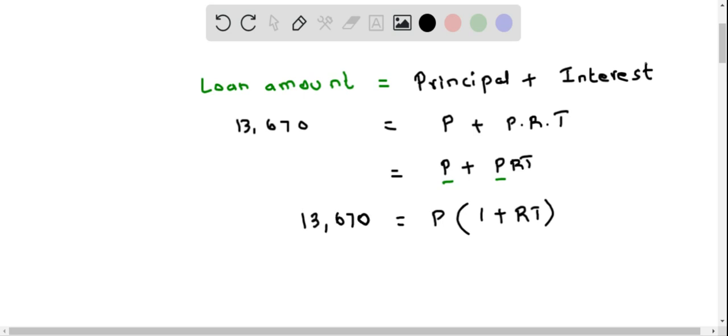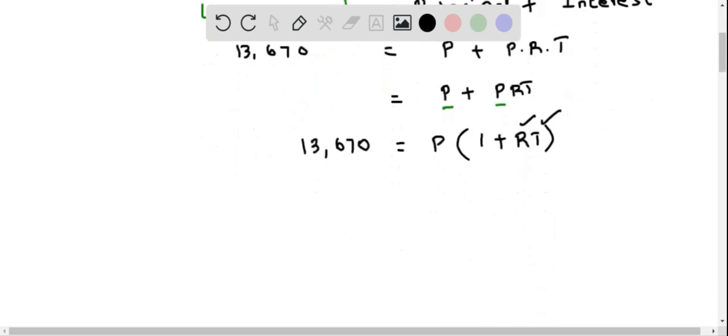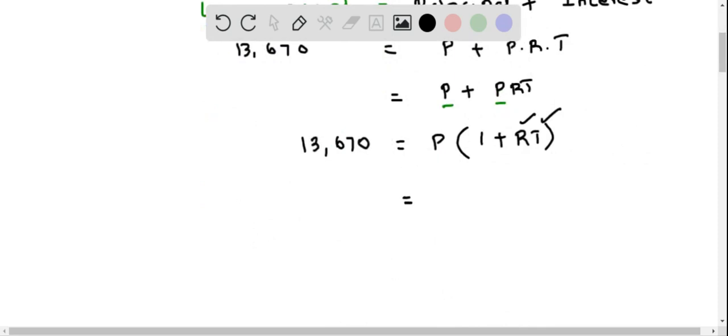Now let's substitute the value of rate of interest times term. The rate of interest is 12%. We can convert this to decimal by dividing 12 by 100, and so this equals 0.12. So R equals 0.12. I'm going to plug it here.